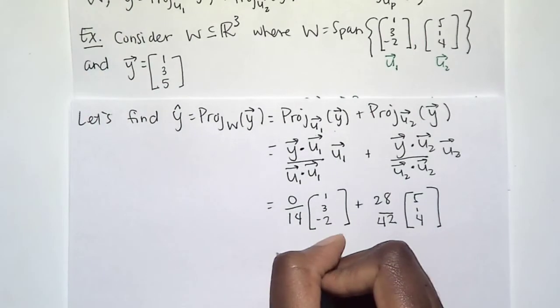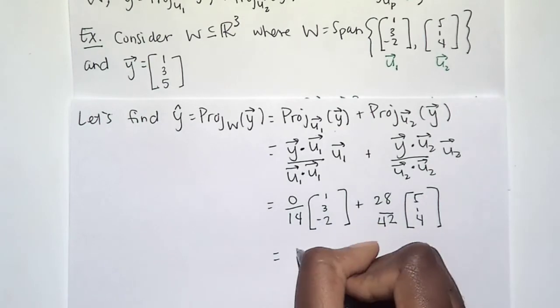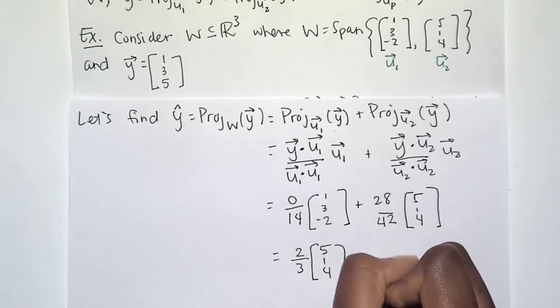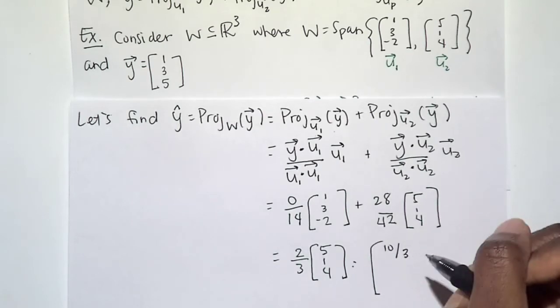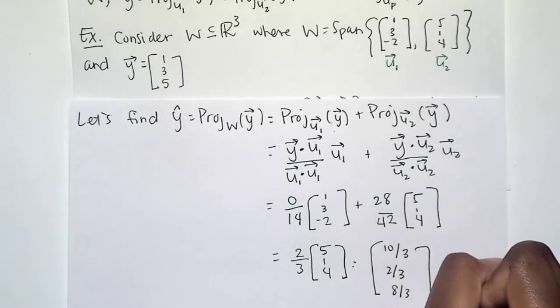All right, so what do we get? Well, this first term is just going to be 0. So here we just have this left, which is 2/3 times (5, 1, 4), which is the vector (10/3, 2/3, 8/3).